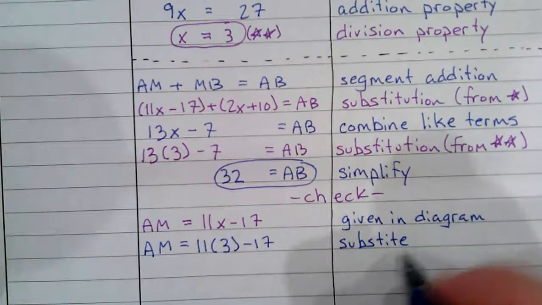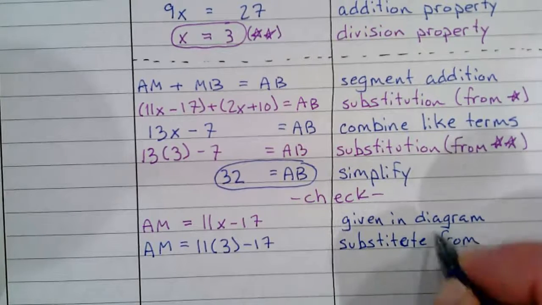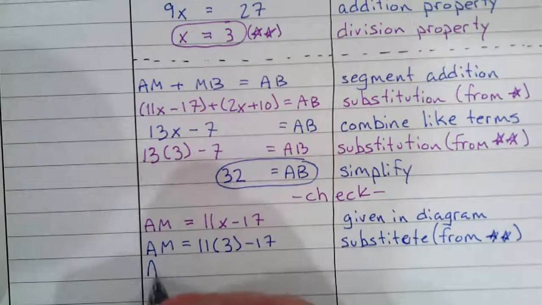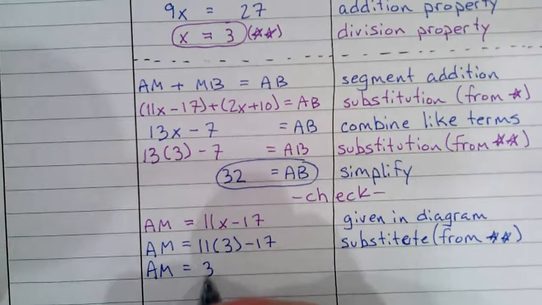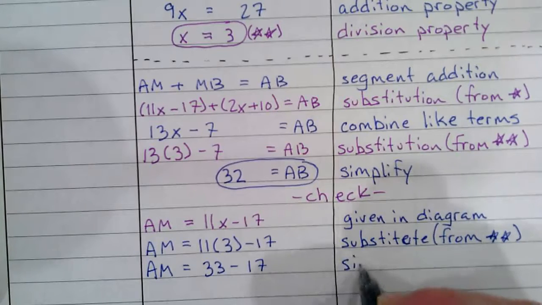Wait, I missed something there. Substitute from double star. AM equals 33 minus 17, and that's just simplify.